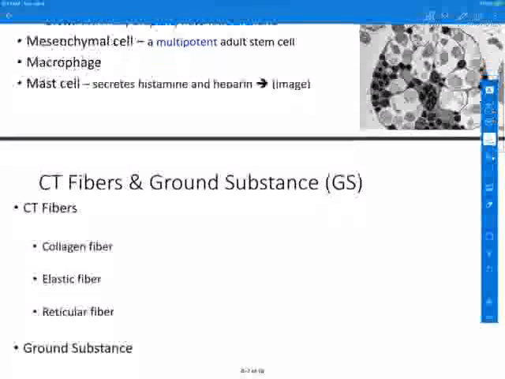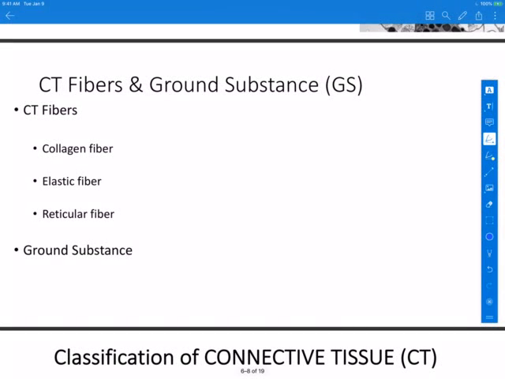Okay, let's talk a little bit about connective tissue fibers and ground substance. Now, connective tissue fibers are secreted by fibroblasts. And there are basically three major types of fibers. We have collagen fibers, elastic fibers, and reticular fibers.